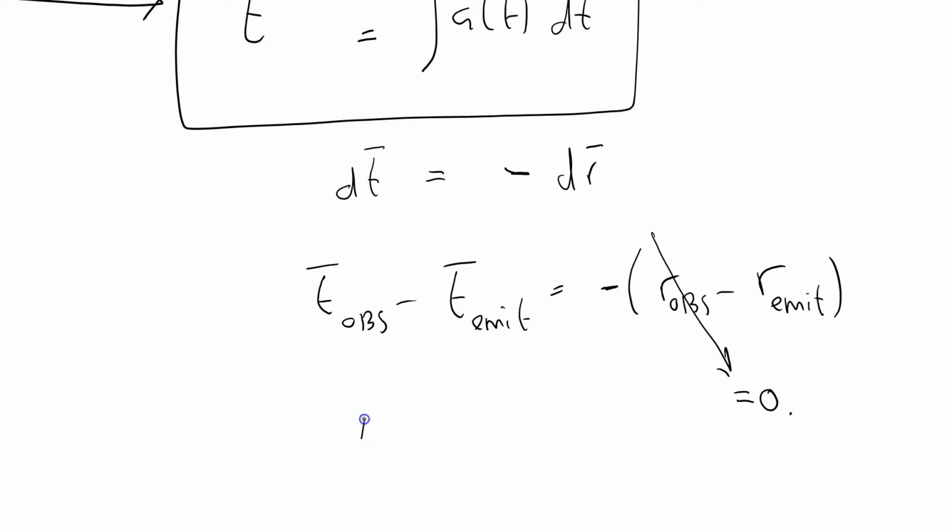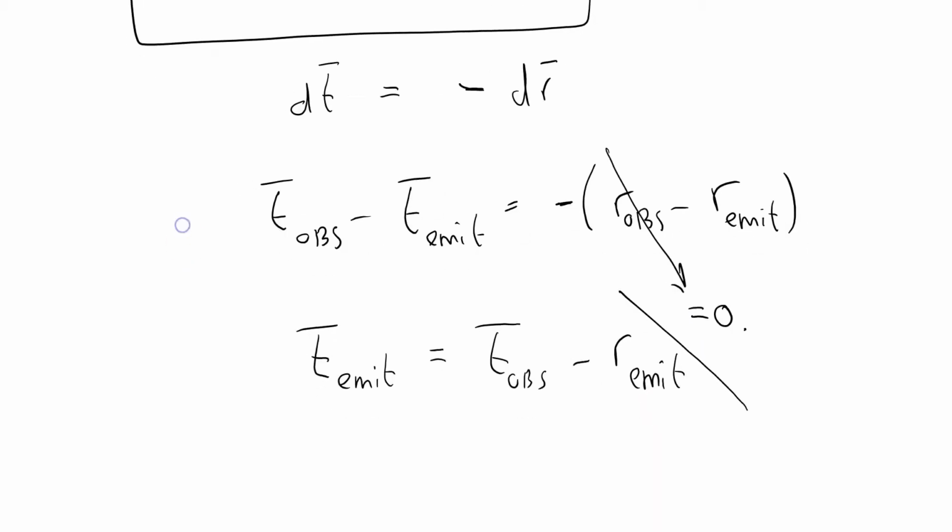So I guess I can rephrase this as t bar emit equals t bar observed minus the radius of the place where the photon was emitted. You see, what I will eventually try and do is to link my observations just to my local coordinate system. That's what I'm trying to do in the long run.